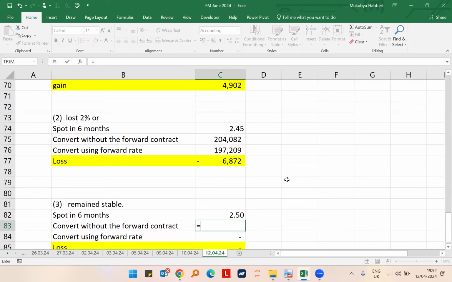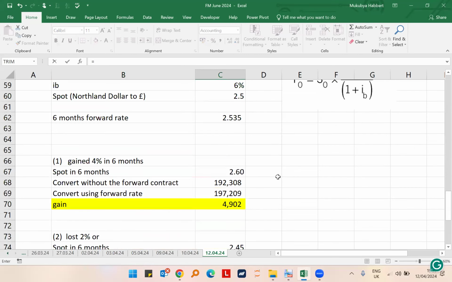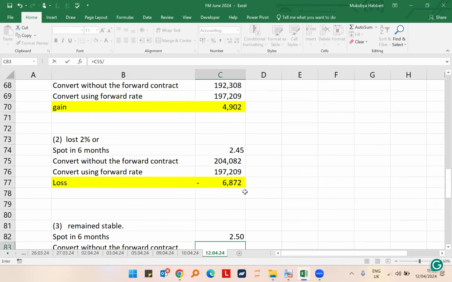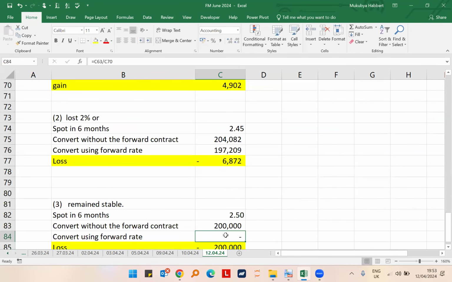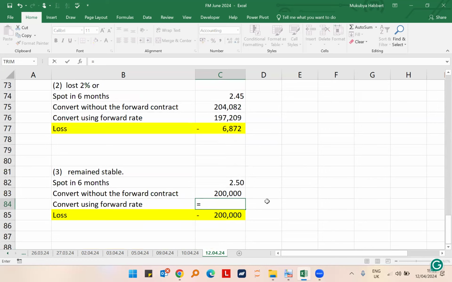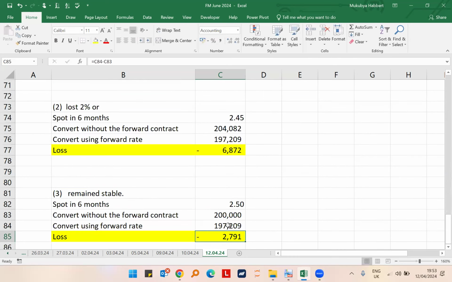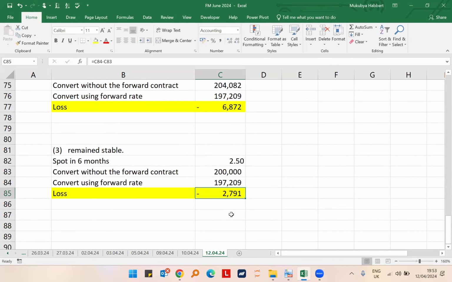So if I'm converting without the forward rate, I will have 500,000 divided by 2.5. And then if I'm converting using the forward rate, of course, we are using 500,000 divided by the forward rate that we have predicted of 2.535. Again, I'll make a loss of 2,700. So I hope that is clear on how that works.